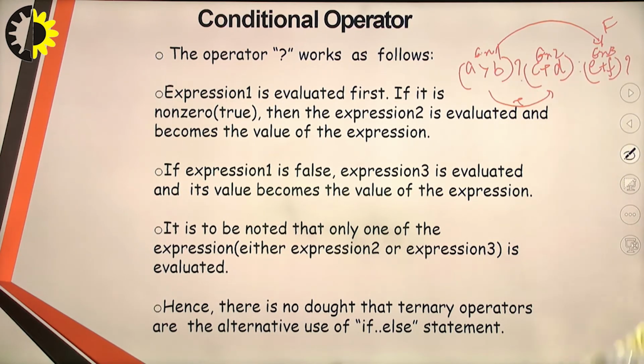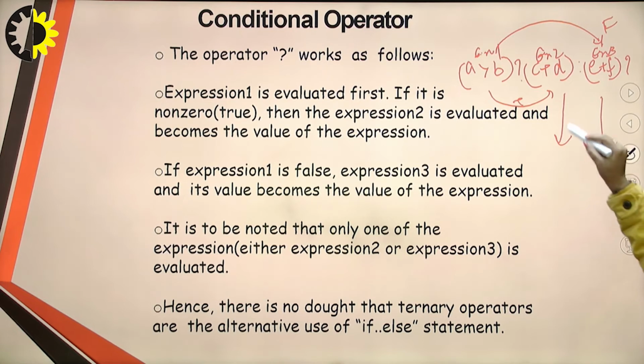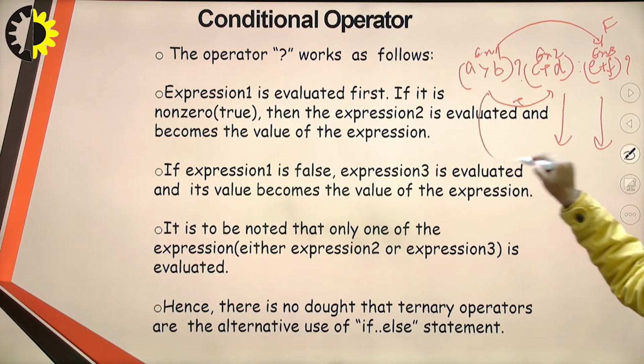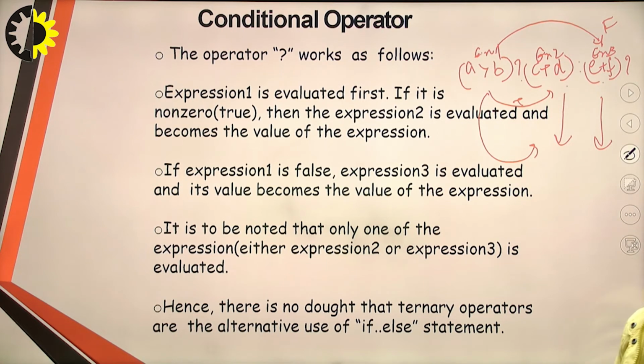If expression 1 is true, then expression 2 is evaluated, and if expression 1 is false, then expression 3 is evaluated, and its value becomes the value of the expression. It is to be noted that only one of the expressions, either expression 2 or expression 3, could be evaluated, because either a condition would be true or false. So only one of these two expressions would be evaluated.